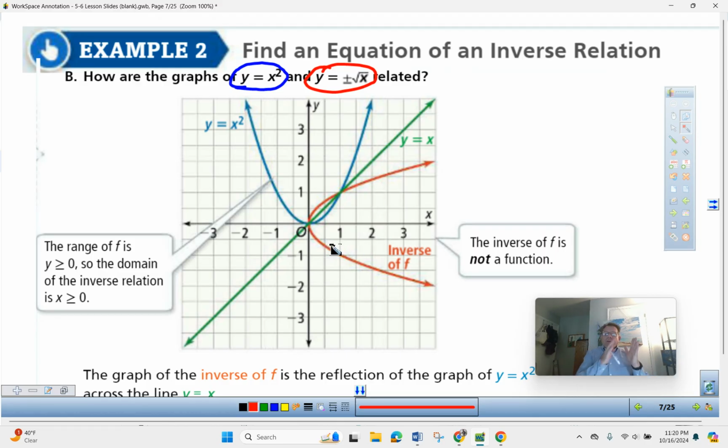Now, again, different question. Is the original equation a function? Yes. Now, what I'm going to do is something called the vertical line test.